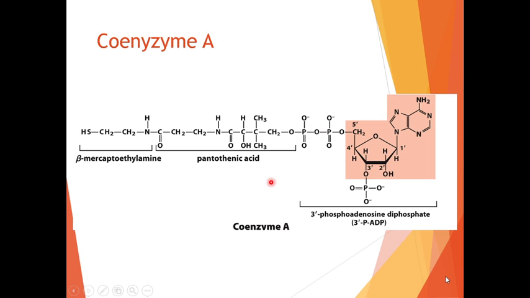The acyl group, such as acetyl or acetoacetyl group, is attached to the CoA through a thioester linkage to the beta-mercaptoethylamine moiety. So usually the acyl or the acetyl group is attached to this sulfur. Coenzyme A is an important cofactor in fatty acid and lipid biosynthetic pathways.